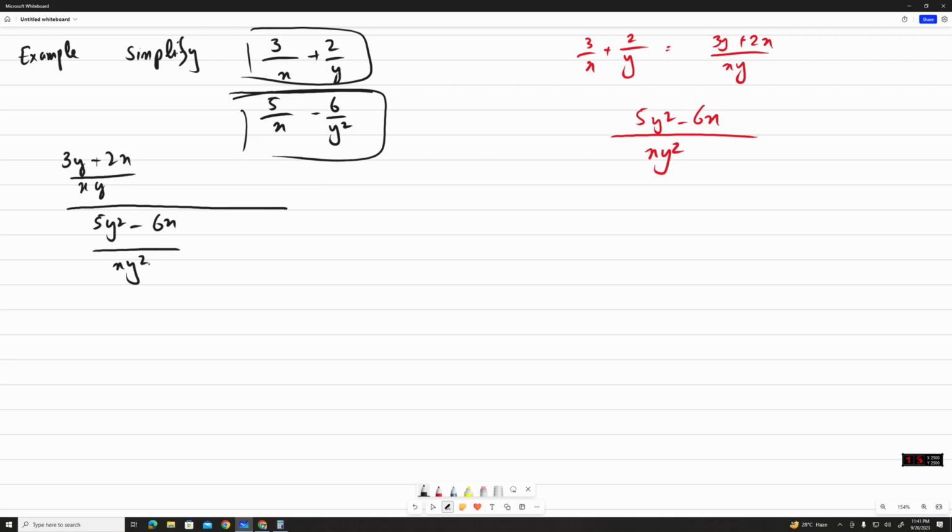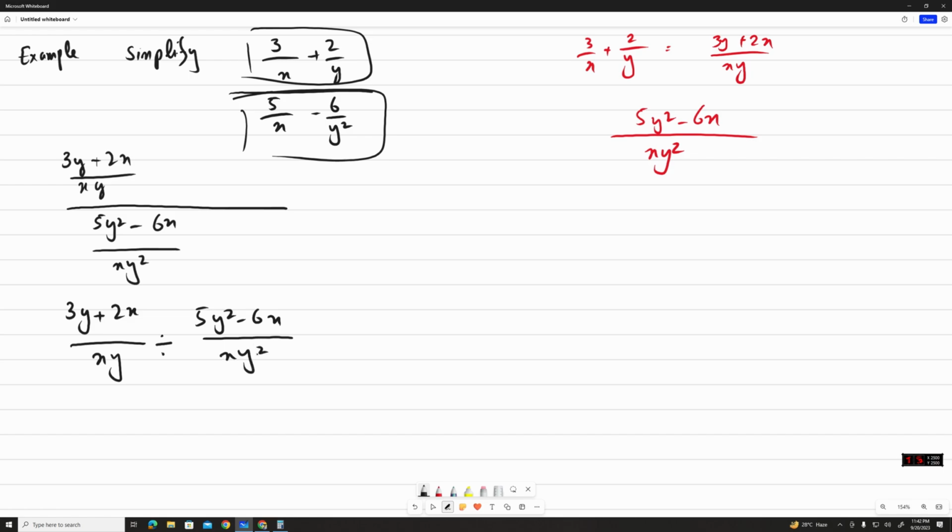Now I have my own tricky part. So I convert it to another form: 3y plus 2x divided by xy, divided by 5y squared minus 6x divided by xy squared.